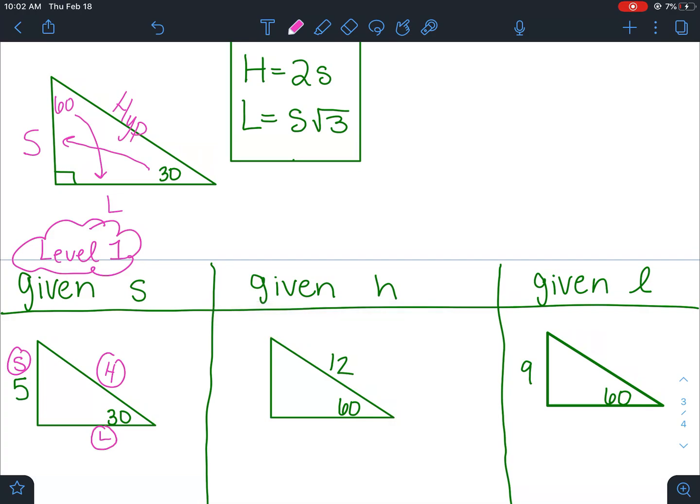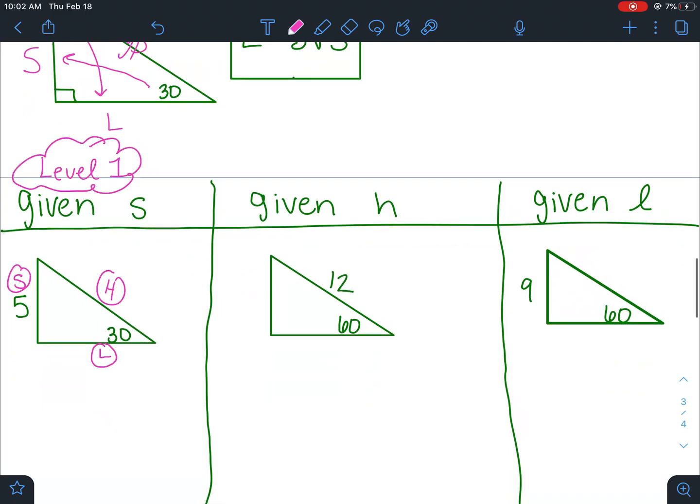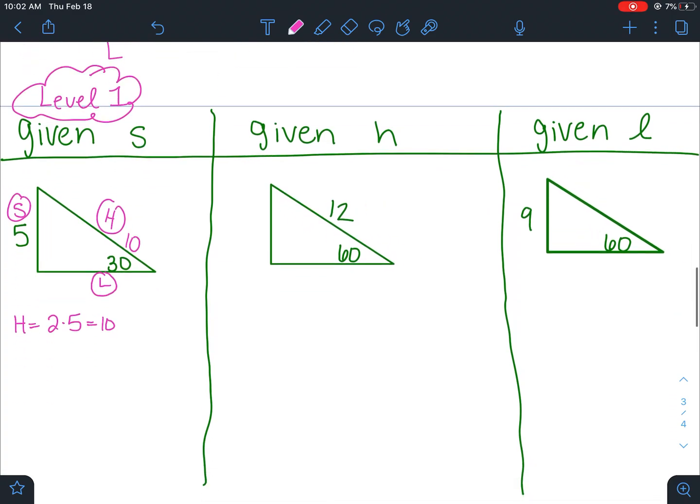So my hypotenuse is equal to 2 times my short side, which means my hypotenuse here is 10. My long side is equal to my short side times the square root of 3, so my long side is just 5 square root 3. Not too bad. I'm literally just plugging things in.